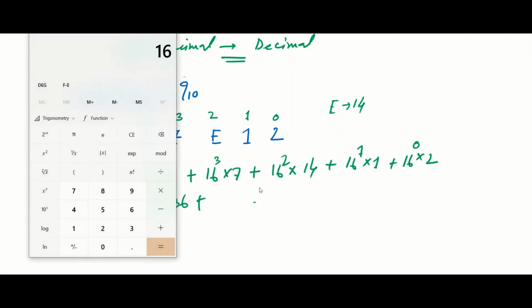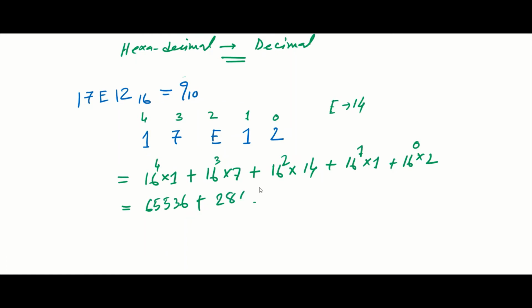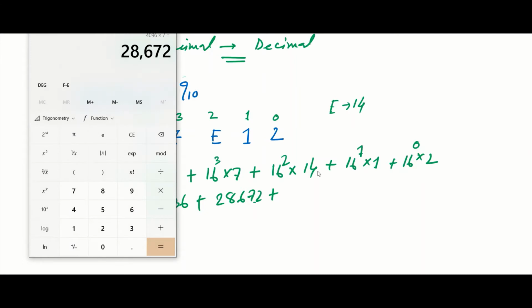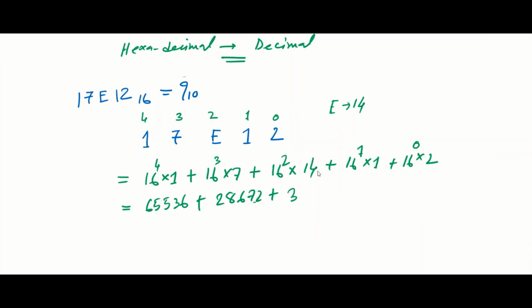So 16 to the power 3 into 7, we get 28672. 28672 plus 16 to the power 2 into 14, we get the number 3584. 3584 plus 16 to the power 1, the position is 1, so it is 16, plus 16 to the power 0 is 1, 1 multiplied by 2 is 2.